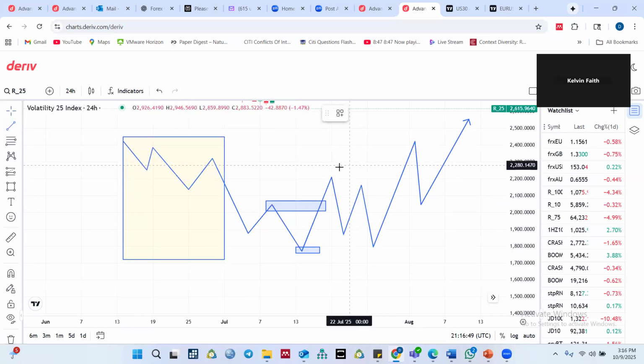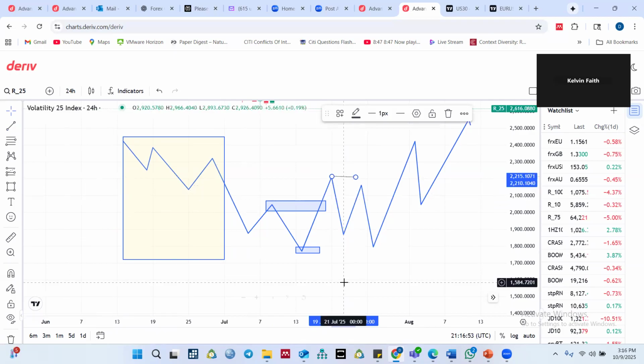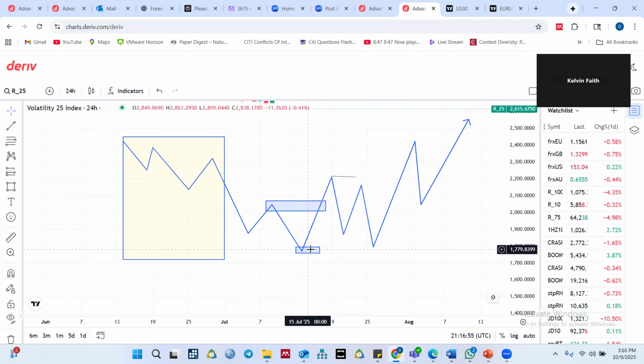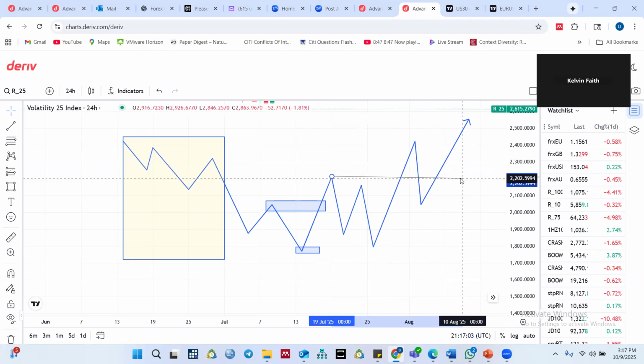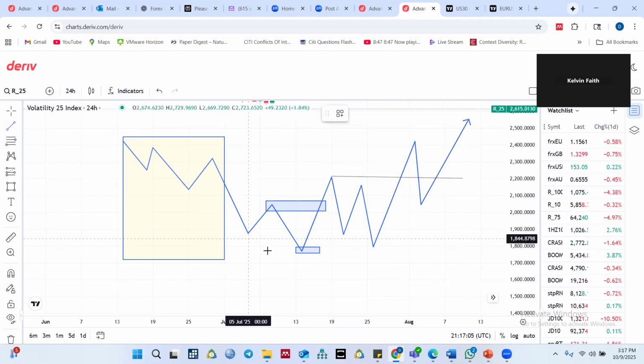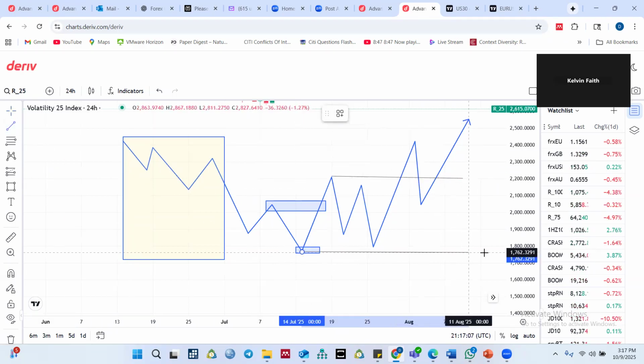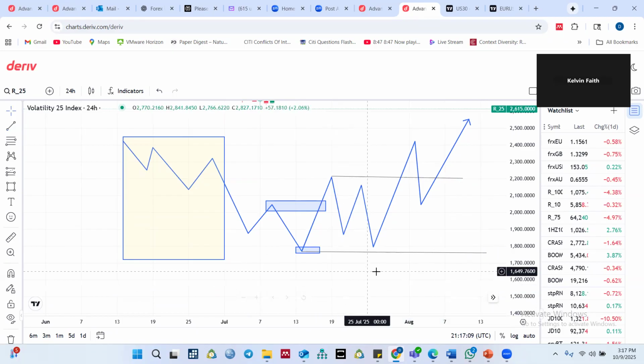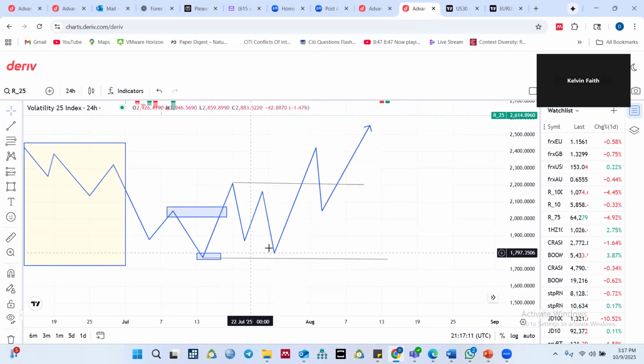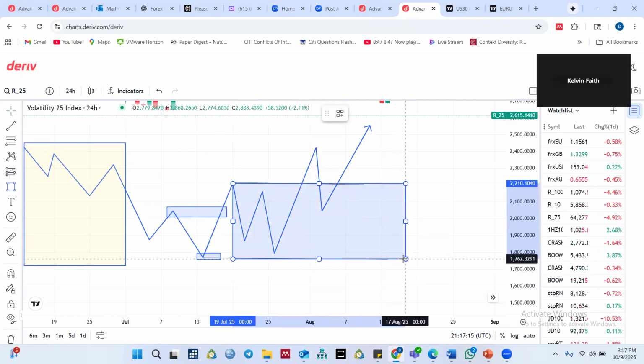From the point where the impulsive move started to where it got to becomes our range, our swing range. And it is within this range that we are going to find buy entries. This is where we will be looking for trade setups.